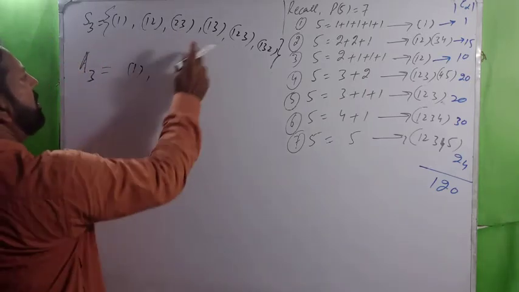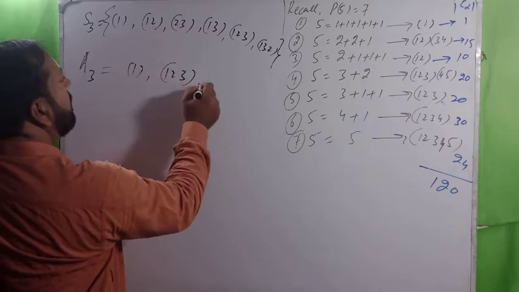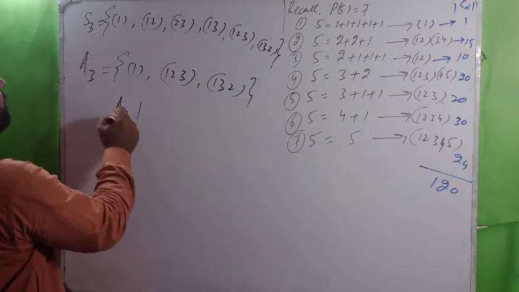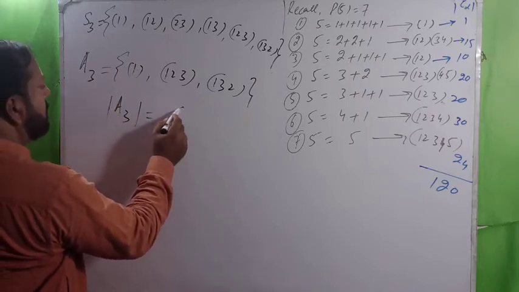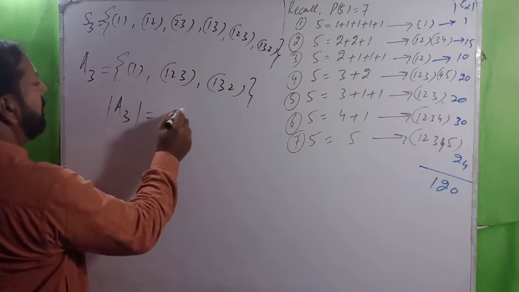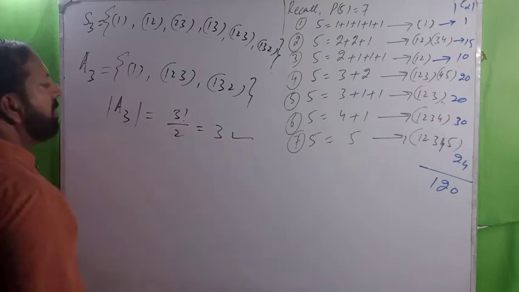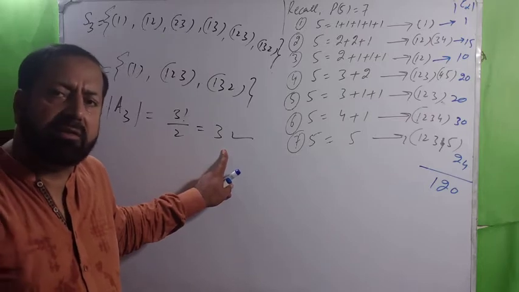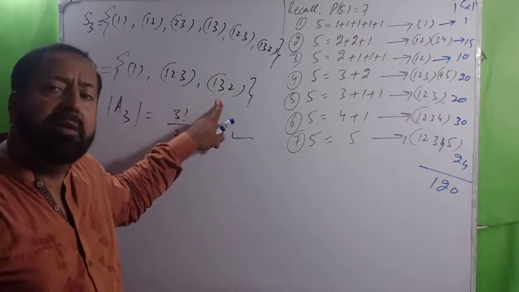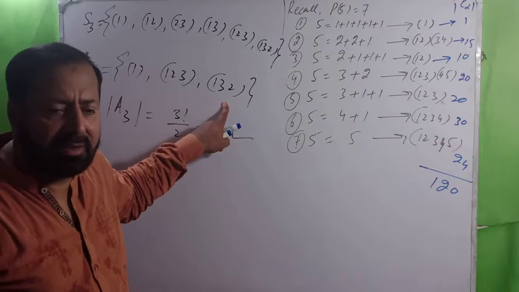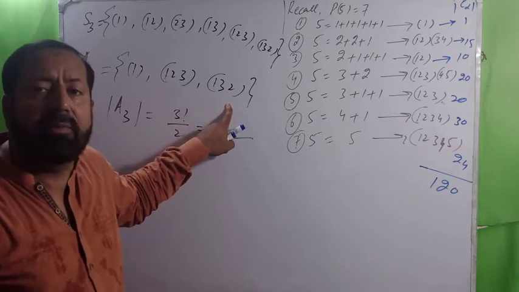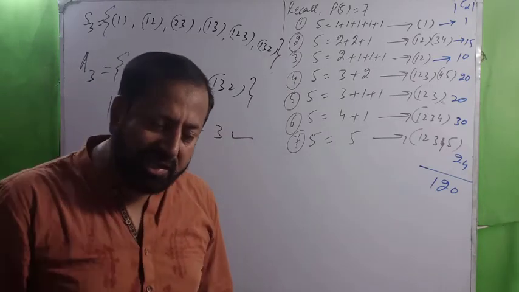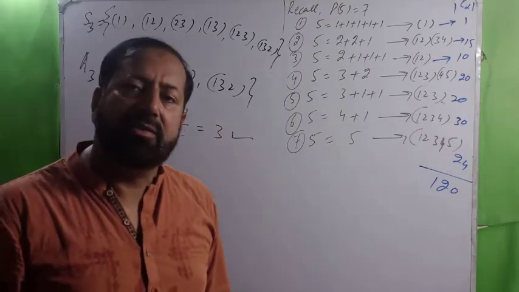So here 1, 1 2 3, and then 1 3 2. So you see here the order of A3 is equal to 3 factorial by 2, which is 3. And you know every group of prime order is cyclic and every cyclic group is abelian. So this is abelian, so every element is self-conjugate, a central element. That's why every element has exactly one element in its conjugacy class.